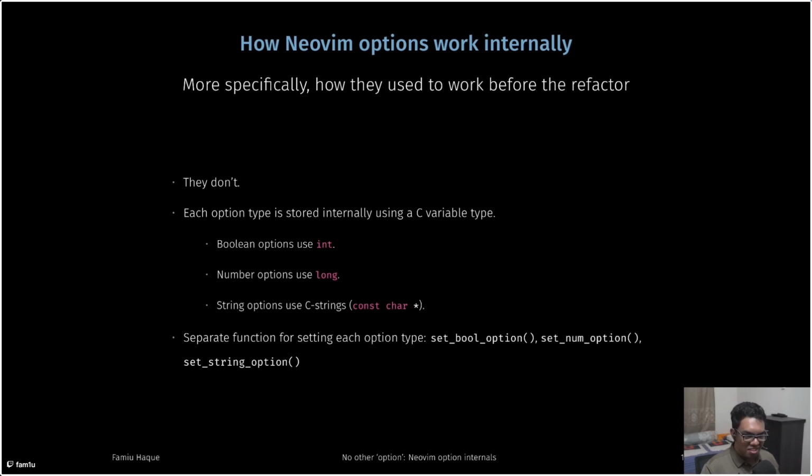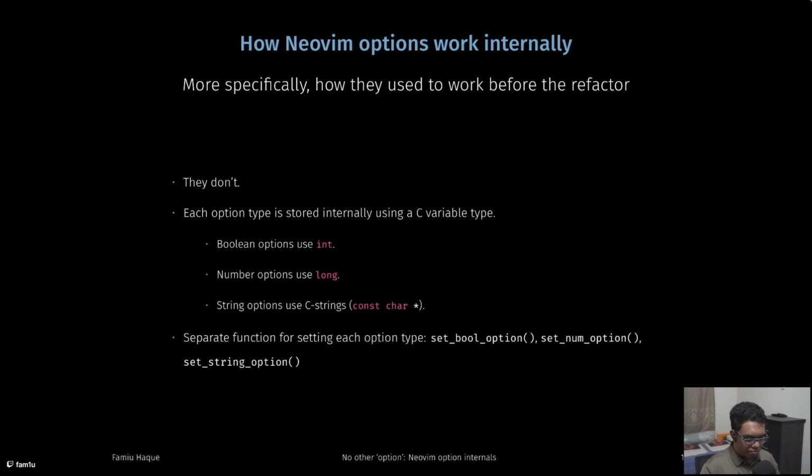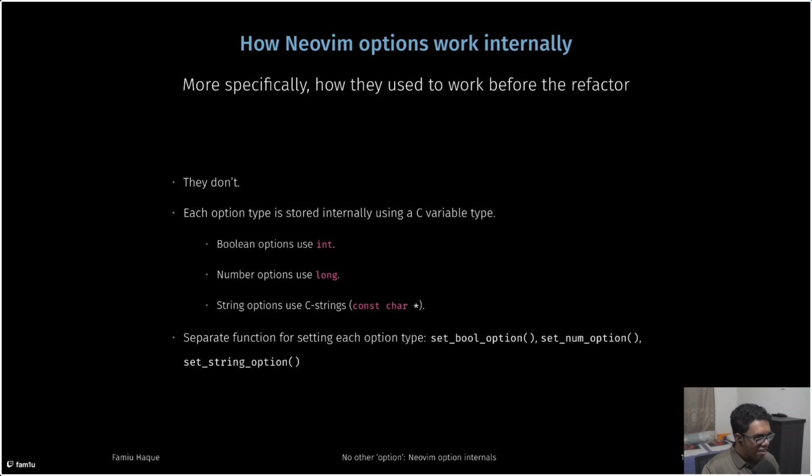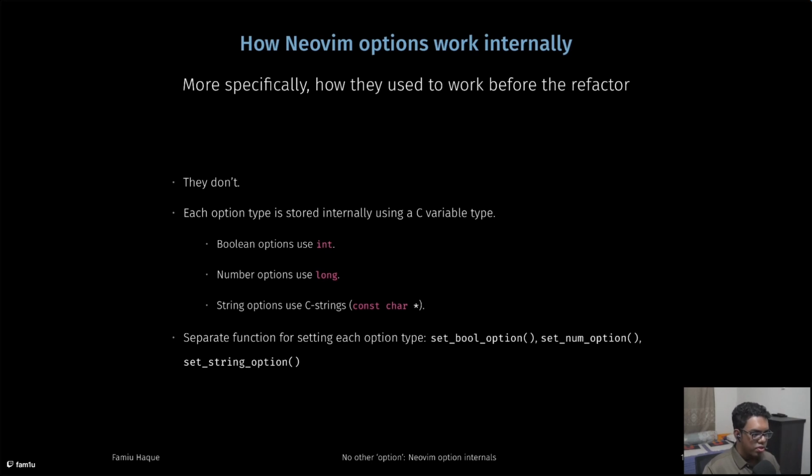Why would you do this? Anyway, moving on. Number options use long. Why long specifically? I don't know. Who knows? String options use C strings.